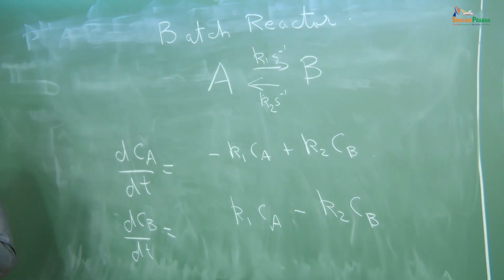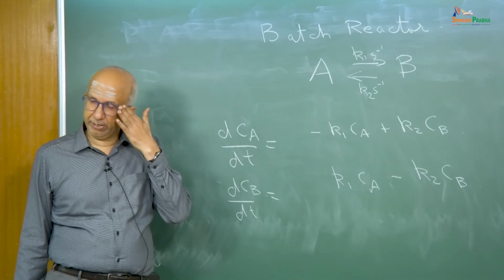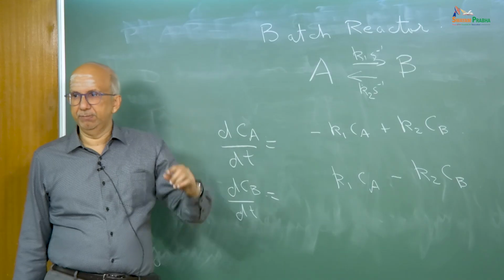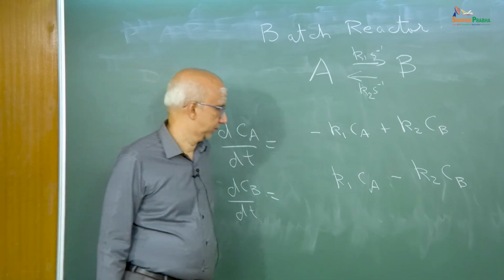These are the differential equations which tell me how the concentration of A and B change with time inside my reactor.